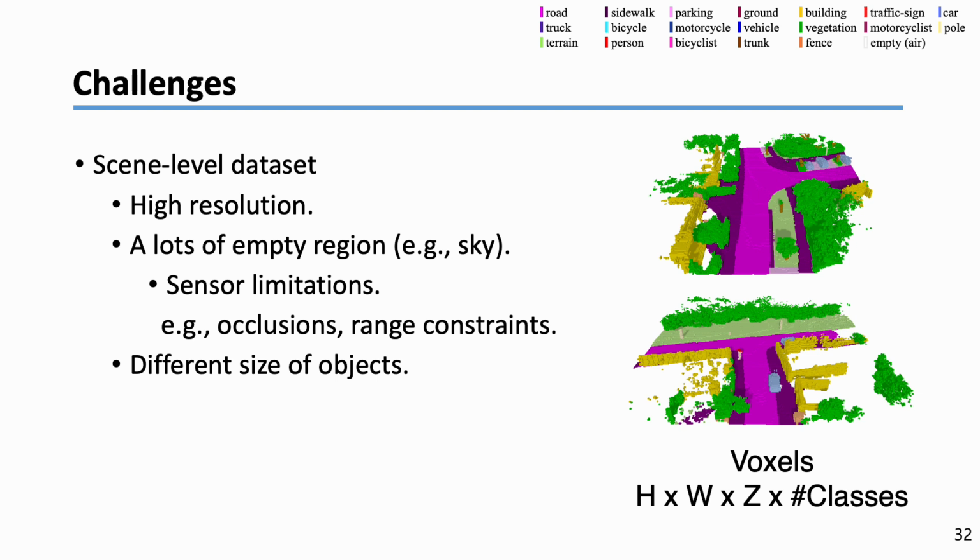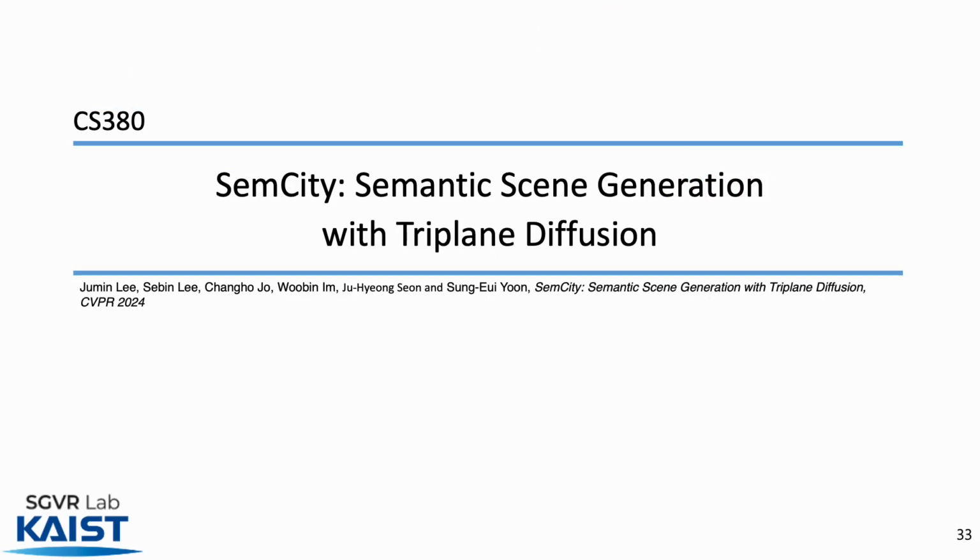Also, we can see different sizes of objects, from small ones like a traffic sign to large ones like a road or building. We present SAM-3, semantic scene generation with triplane diffusion, to address this problem.